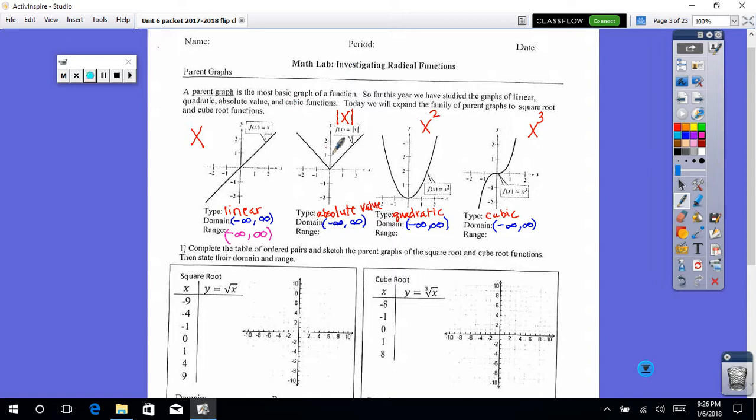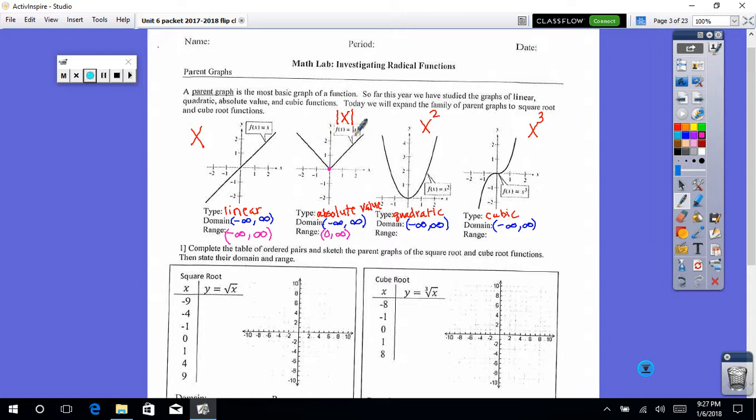Our absolute value graph is a little different. If we figure out the lowest point we get to, it's actually right here, which is 0. Then we go on infinitely in the positive direction. Our graph will never, in its current state, ever get below 0. With that same regard, quadratic is the same way.